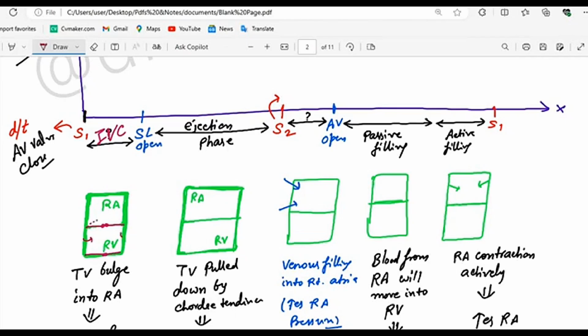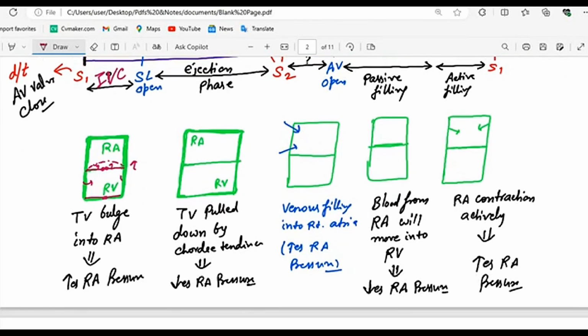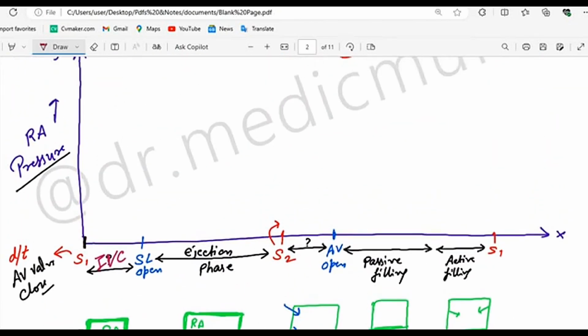They will put pressure on the tricuspid valve, due to which the tricuspid valve will bulge into the right atrium. The right atrium pressure will increase because the space will be less, and we will get one wave that is called the C wave, between S1 and SL open.